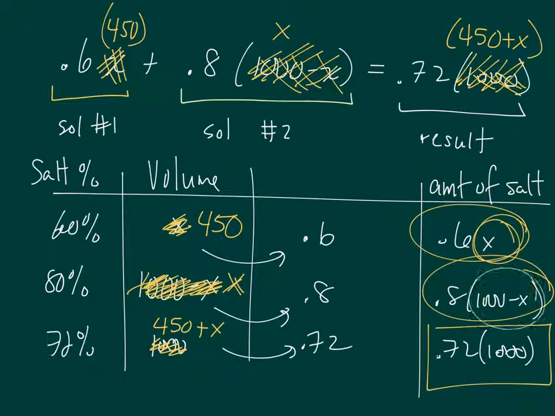We have to change all those values. But I want you to see how it's the same exact problem, except instead of not knowing how much of each individual solution to add to get a specific final solution, now I'm giving you one of the initial solutions, and you have to find out how much of the other to add to it to get a final solution of some percentage, acid or salt or whatever it may be.